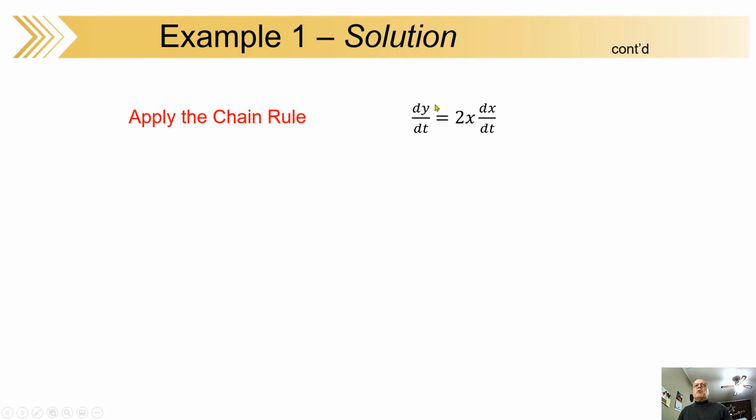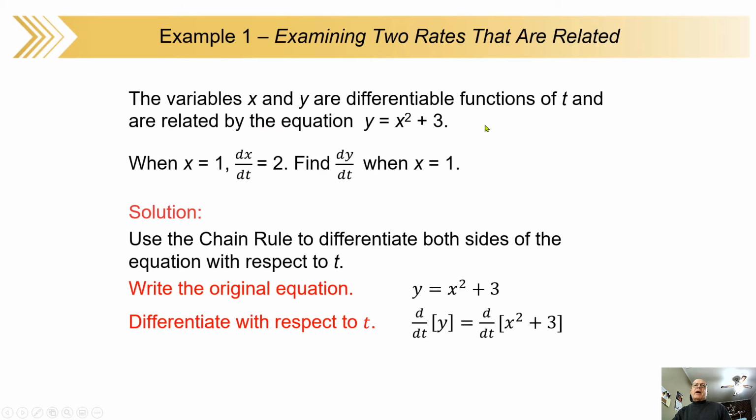So what do we get? Applying the chain rule, we've got dy dt. Remember, that was just a y. And what we had is just 2x, or x squared rather. It gives us dx dt. If we look back here, here's our original one, y equals x squared plus 3. Remember, we're differentiating with respect to time, however.